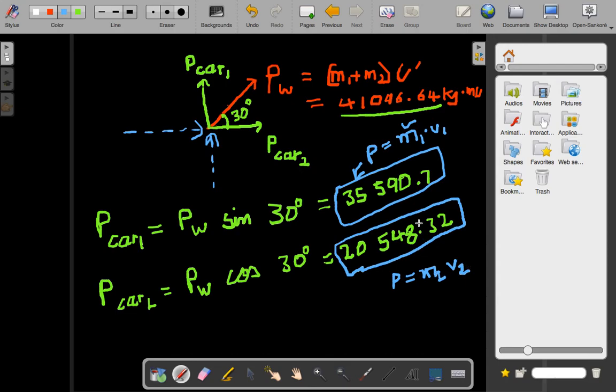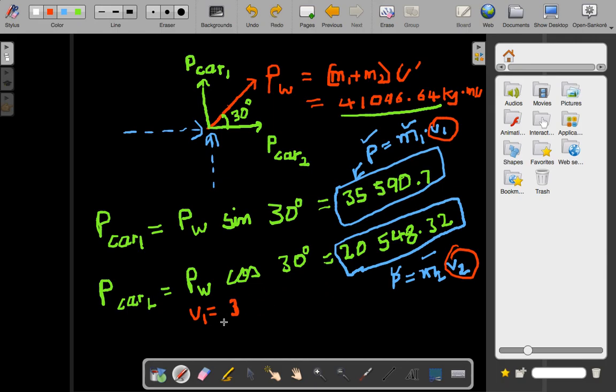Now that we know the momentum of the two cars and we know the masses of the two cars, we can determine the velocity. So the velocity of the first car is 35,590.7 divided by 1100, which turns out to be 32.355 meters per second.